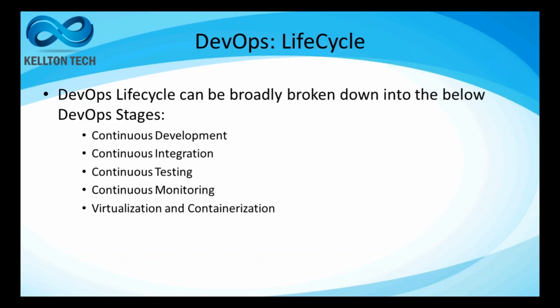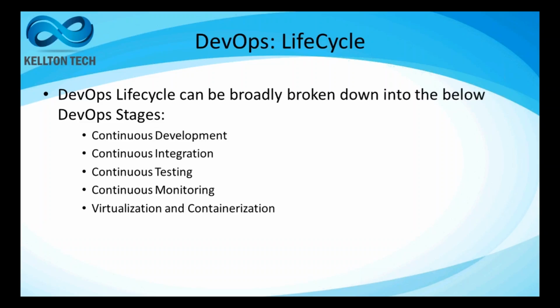In the continuous development stage of DevOps, the software is developed continuously, unlike the waterfall model. The software deliverables are broken down into multiple sprints of short development cycles, developed and delivered in a very short time.